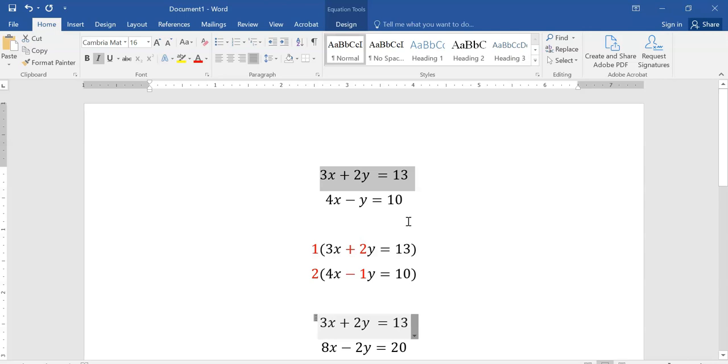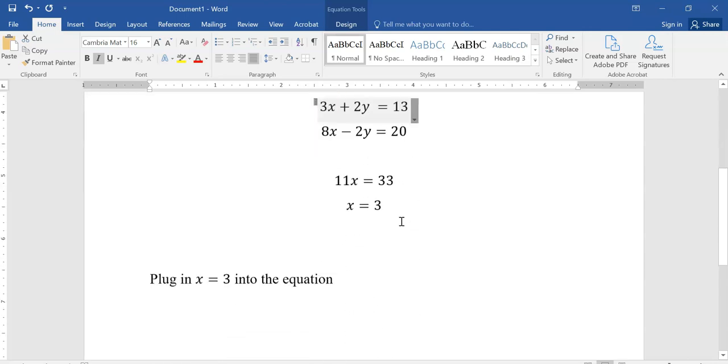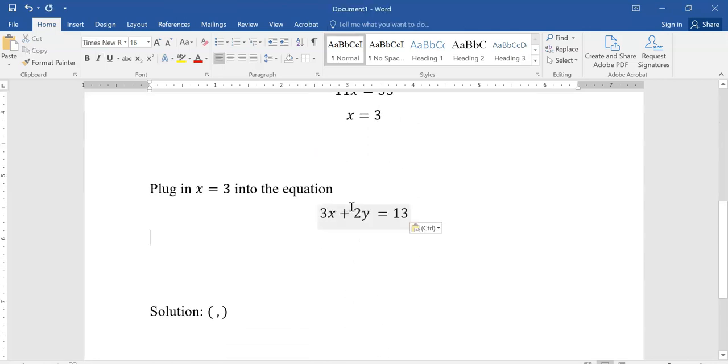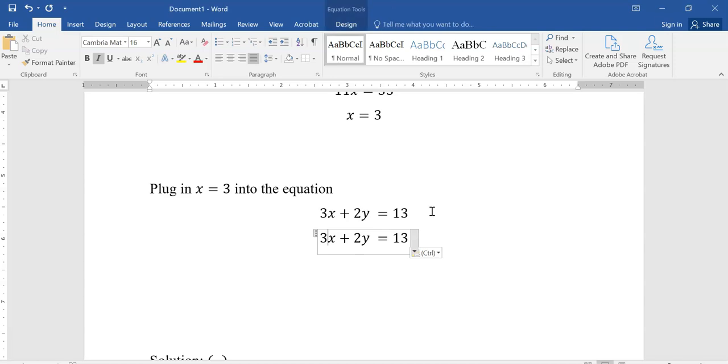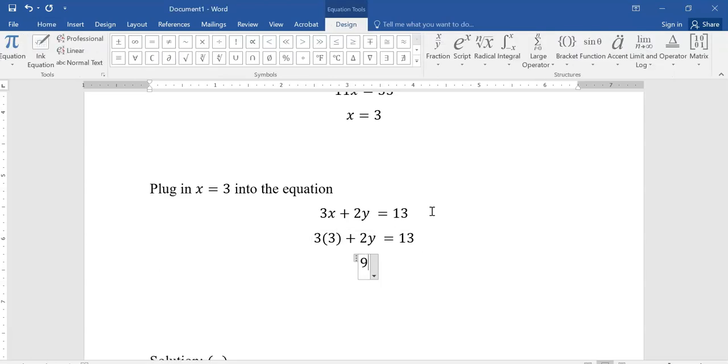3x plus 2y equals 13. If I plug in 3 for the x value there, we end up with 9 plus 2y equals 13.